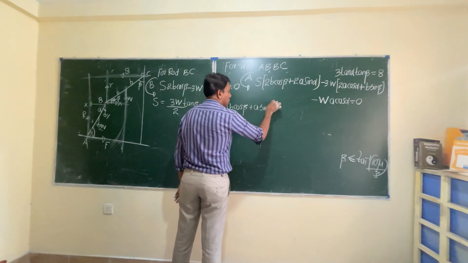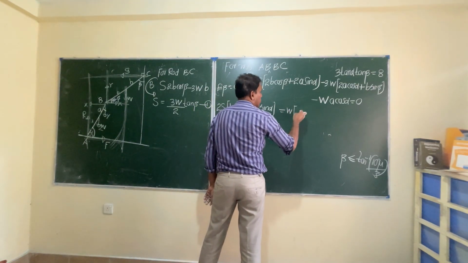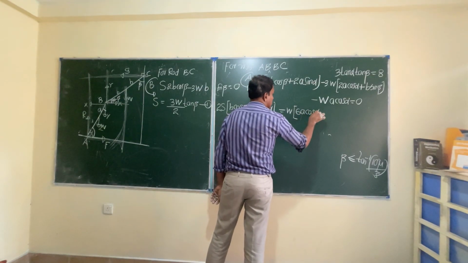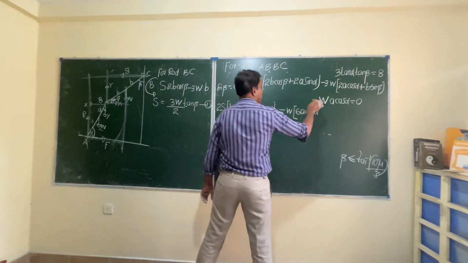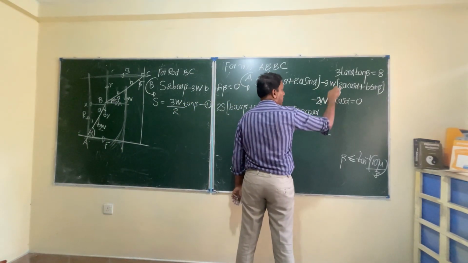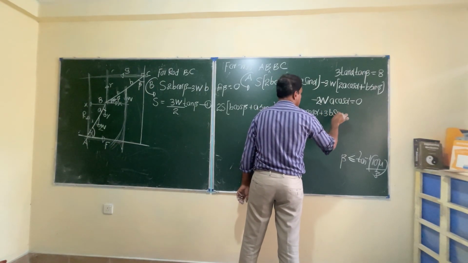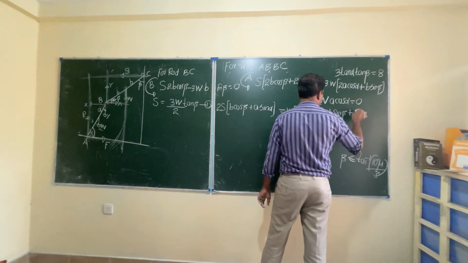Take the W out: 6a cos alpha plus 2W times 3b sin beta; taking the 2 and W out.